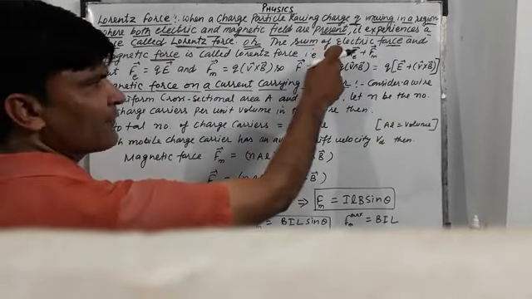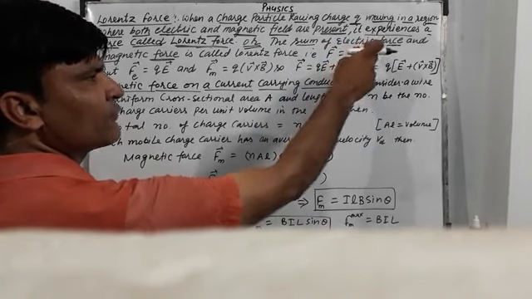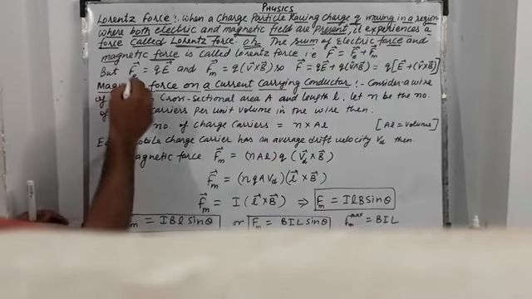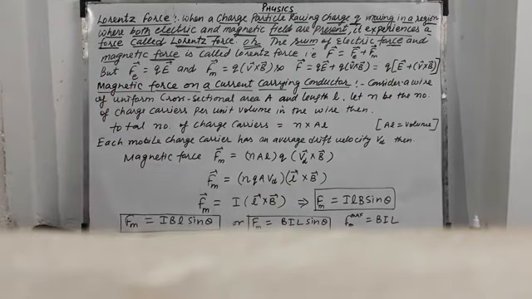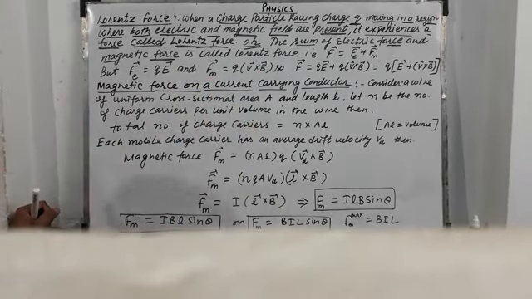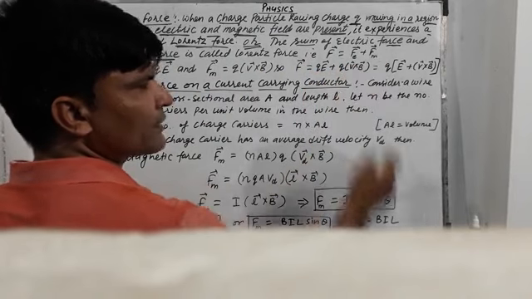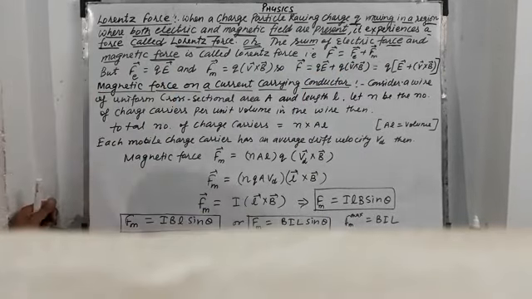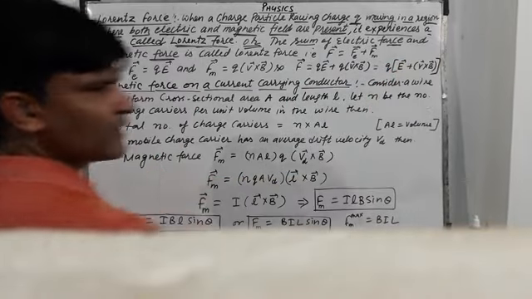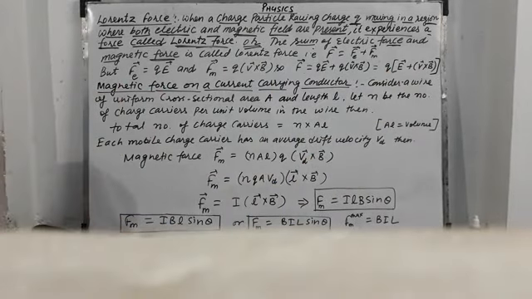That is, F, the Lorentz force, is equal to Fe, the electric force, plus Fm, the magnetic force. But Fe is equal to qE and Fm is equal to qv cross B. So F is equal to qE plus qv cross B. As q is common, F is equal to q(E plus v cross B), which is the value of the Lorentz force.